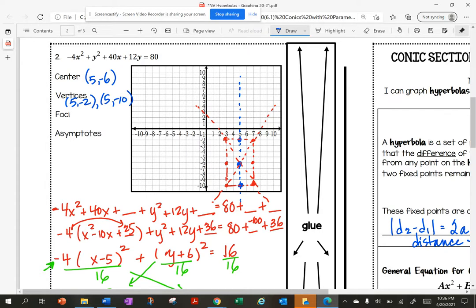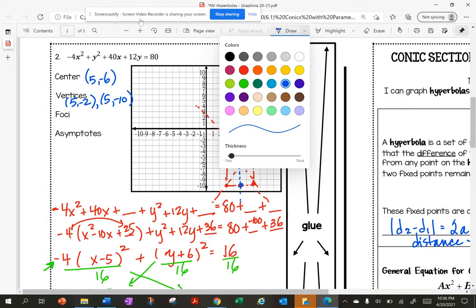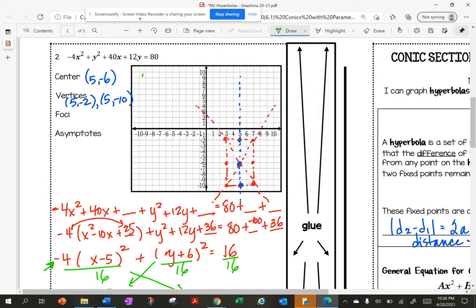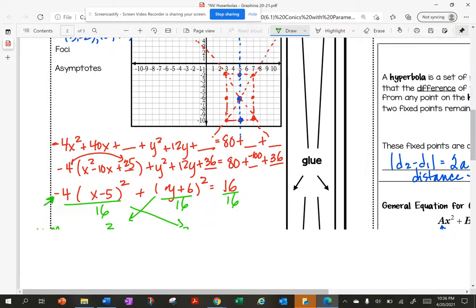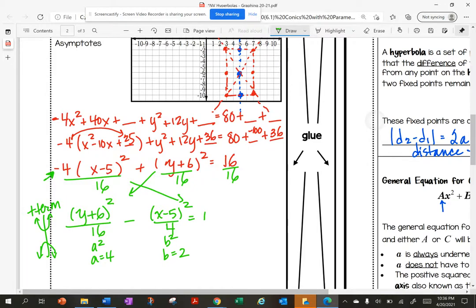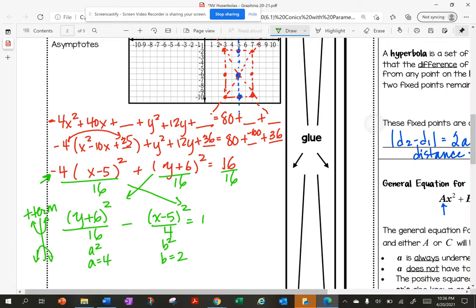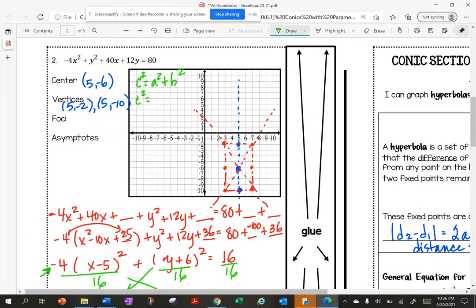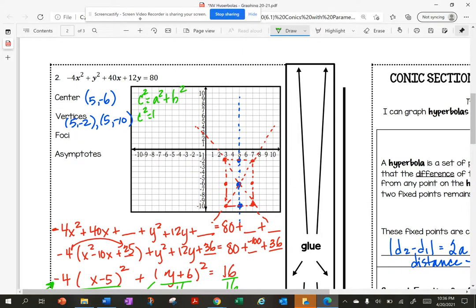Next, I have to find my foci. So I know c squared is a squared plus b squared. So c squared is we said a squared is 16 and b squared is 4. So 16 plus 4.